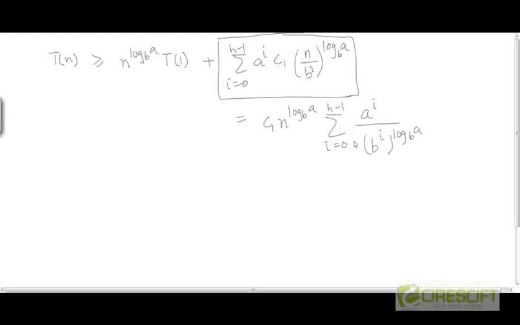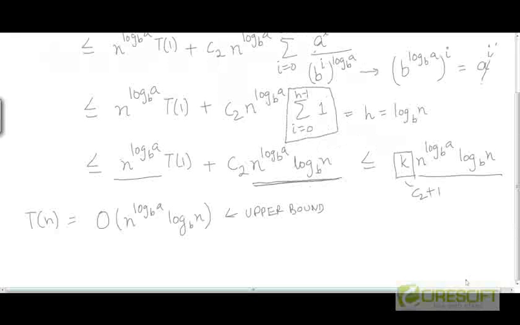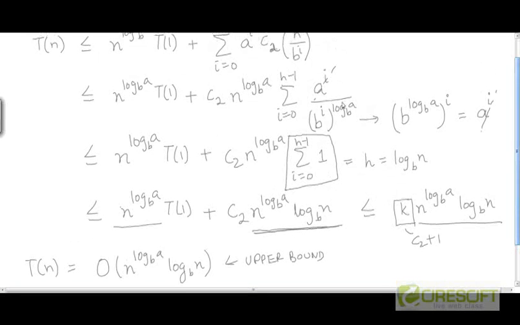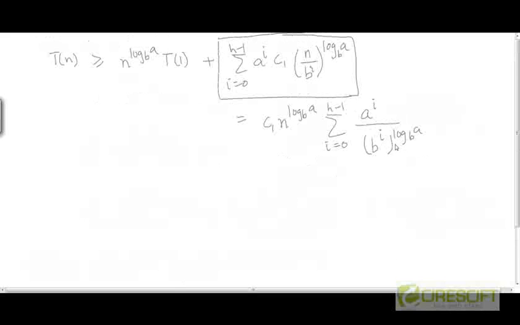Now we already calculated what the value of this is. This is nothing but 1 because the denominator simplifies to a to the power I. And so the numerator and the denominator cancel each other out.